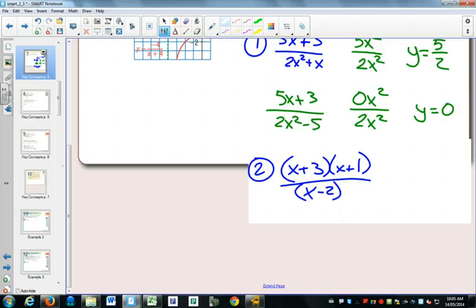If you multiplied the top out, you'd have an x squared. The highest degree on the top is an x squared. You have no x squareds on the bottom. This is not possible to actually figure out. So because it's not possible, we do not have any horizontal asymptotes. This will tell you you have no horizontal asymptotes.